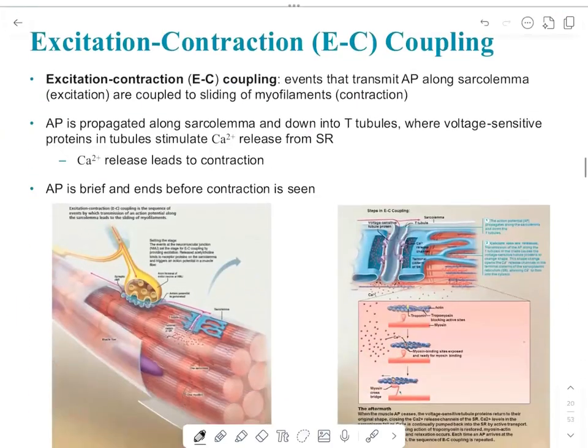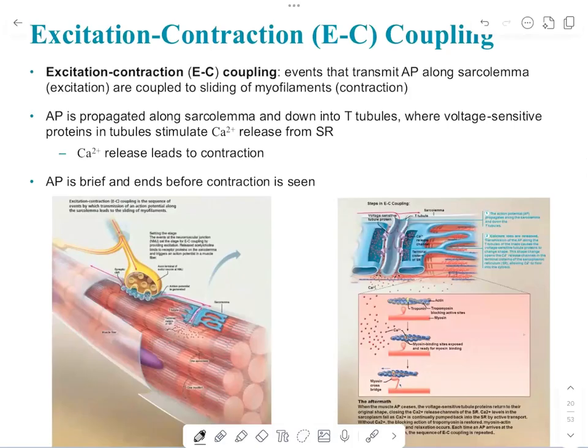So this slide is showing excitation contraction coupling, which sounds like a lot, but remember, it's just putting two things together. It's putting the excitation of the muscle together with the contraction of the muscle. So now the action potential is propagated, meaning it travels along the sarcolemma and into the T tubules, which remember is simply an extension of the sarcolemma.